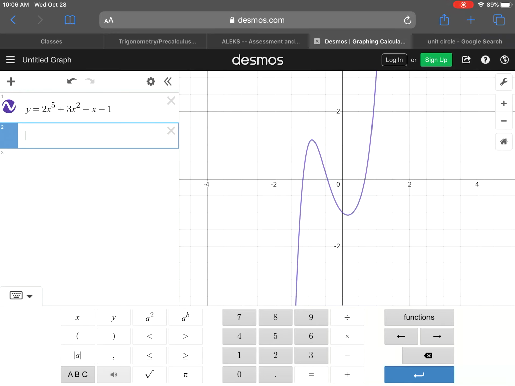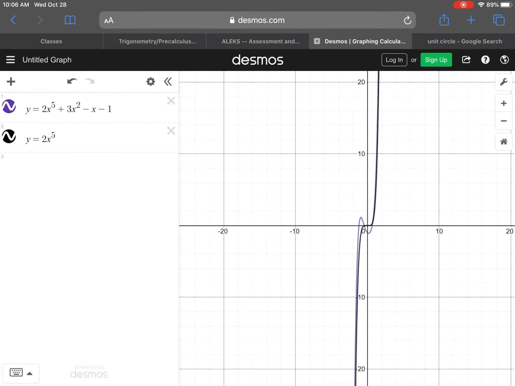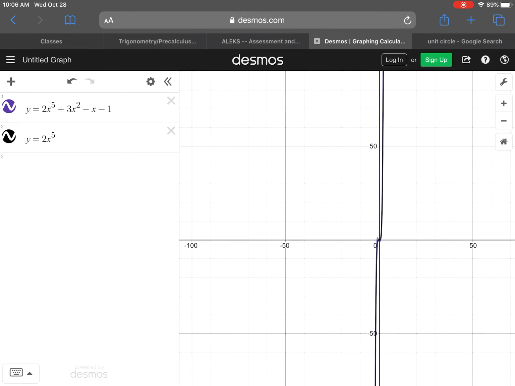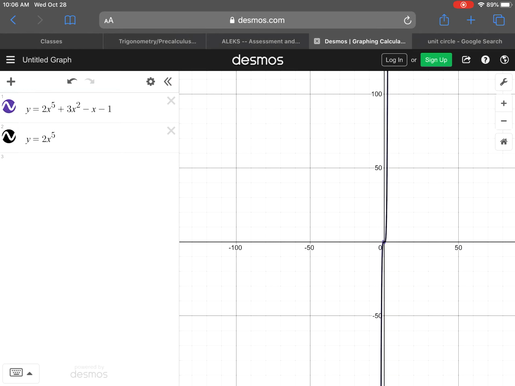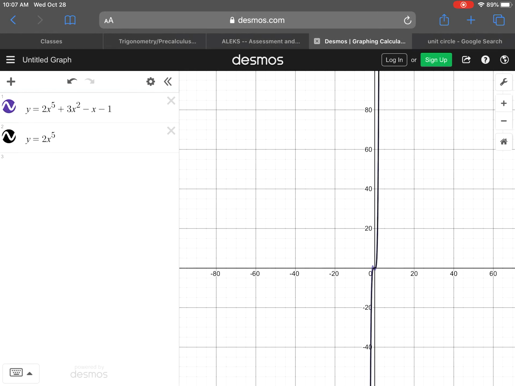Let's do the next one. Let's do y equals, and we're just using the leading term, so 2x to the 5th. Now, these two don't really look very similar. They kind of look alike, but not really. But because we're talking about end behavior, when we zoom out and get further away from the middle, you can see that these two eventually look exactly the same, until they're overlapping.